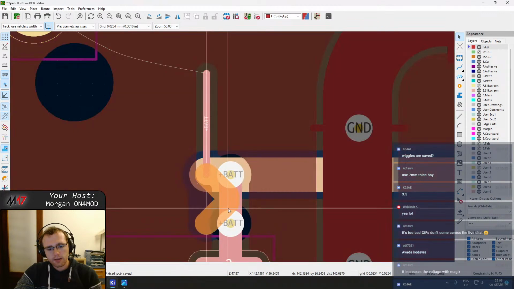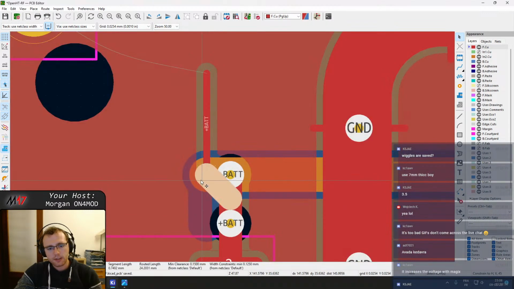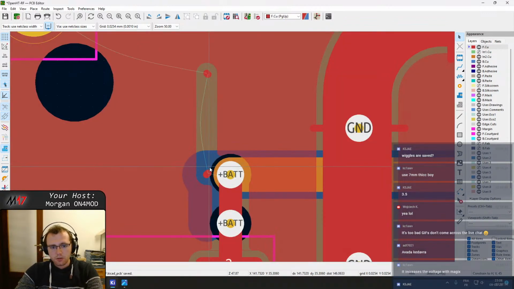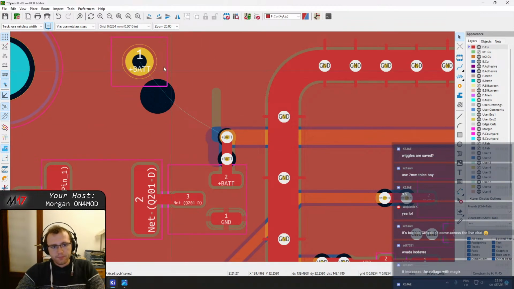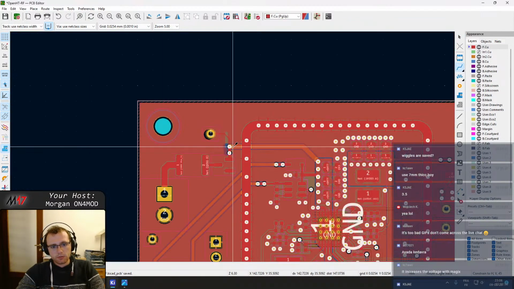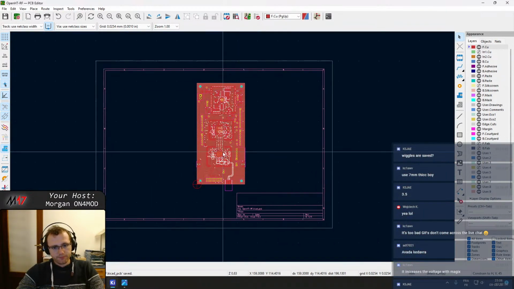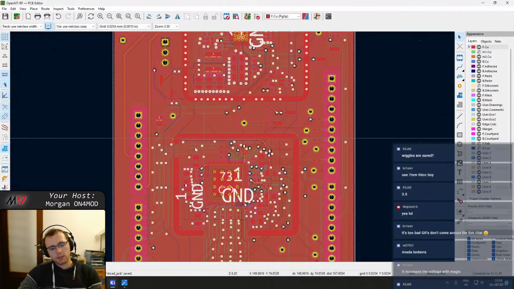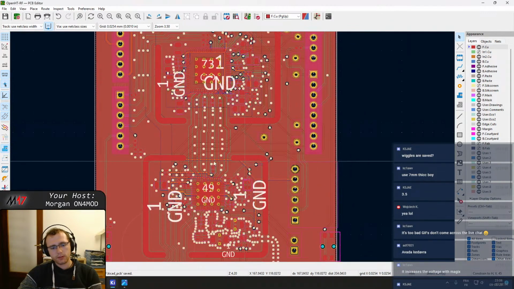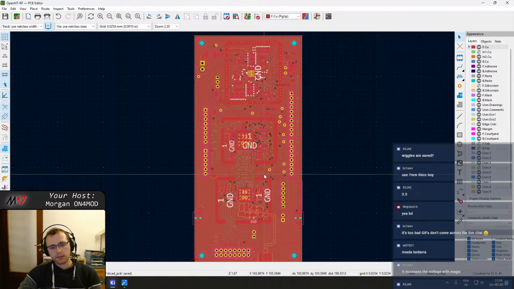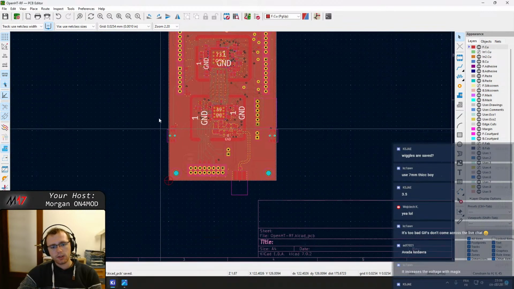And the only thing that is left to be done is some more vias connected to the shields below, vias and tracks, just like I did for this one, doing the same thing for those 1 and 2. That I think I will do off camera because it's not very interesting.